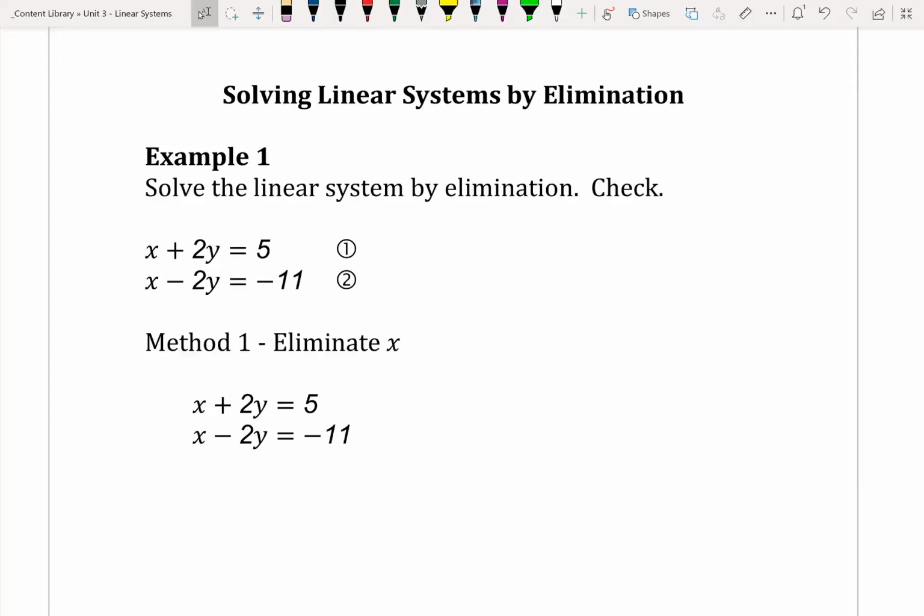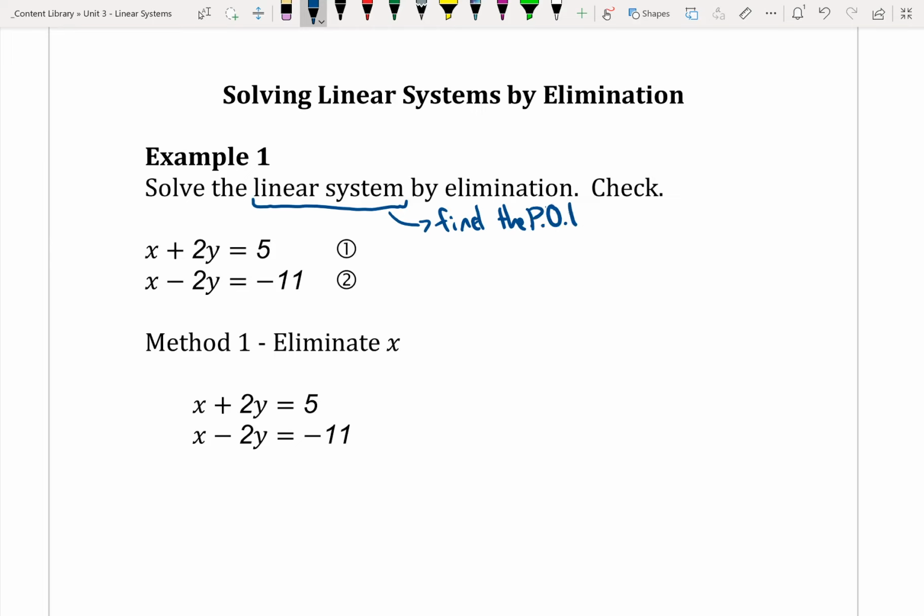In today's note, we're going to be solving linear systems by elimination. Again, remember when we're trying to solve a linear system, what that actually means is we're trying to find the point of intersection, or the POI.